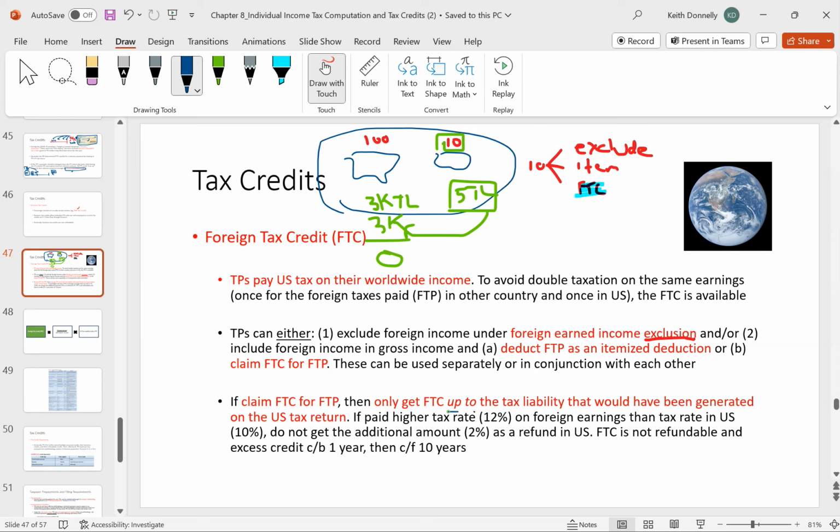That's the idea. It's up to the tax liability that would have been generated on the US return. So it makes you a little bit more even, but not fully even. So 2 countries are kind of taxing it. You've got to see, are we in a higher tax country overseas or a lower tax country? But that's the idea with it.